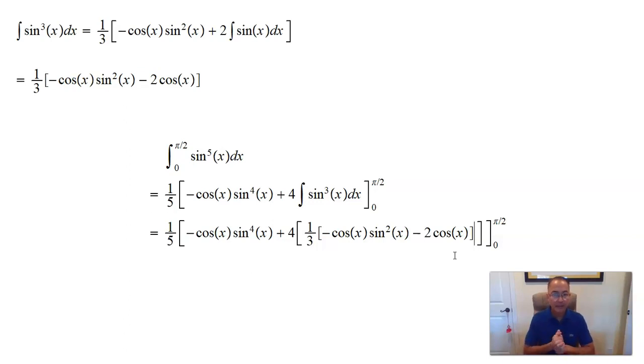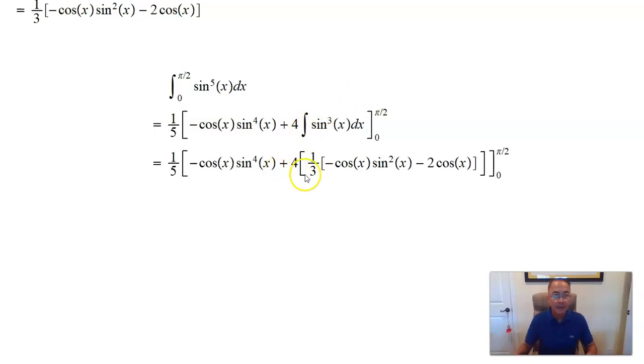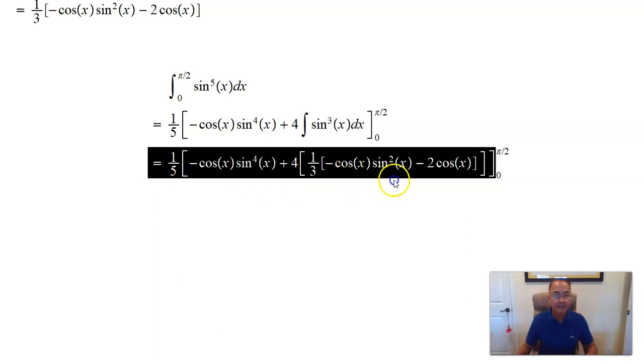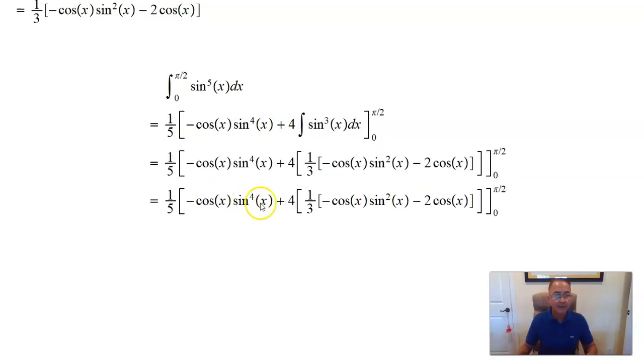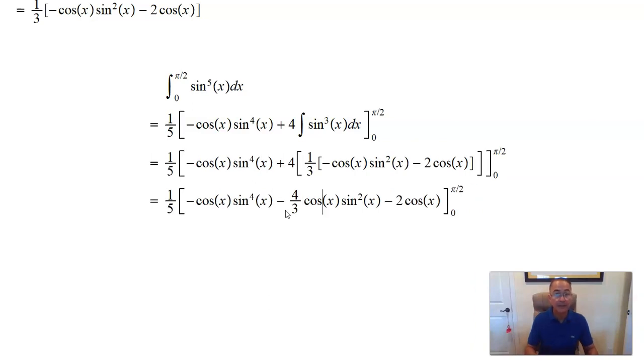Shall we do a little housekeeping? Yeah, let's do that. Let us distribute these fractions. And we get 4/3 minus 4/3 cosine x sine squared.